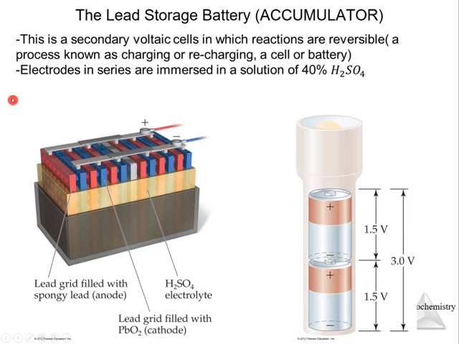The other one is rechargeable batteries. Rechargeable batteries are made of both a galvanic cell and an electrolytic cell. For example, if you unplug your phone from power, it starts using a galvanic cell, meaning it depends on a spontaneous reaction to supply electricity. But once you plug it in, it becomes an electrolytic cell, meaning the reverse reaction makes the phone start charging.